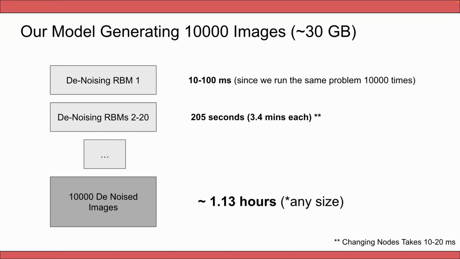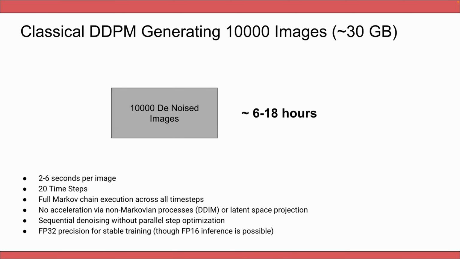If we generate from the same noisy distribution, we have to modify the quantum annealer a lot less. And this removes a lot of the classical overhead. We did our calculations here, and for the sake of time, we're not going to go into them, but essentially it will take 1.13 hours to generate 10,000 images of any size, as long as that size can fit onto a quantum annealer, of course.